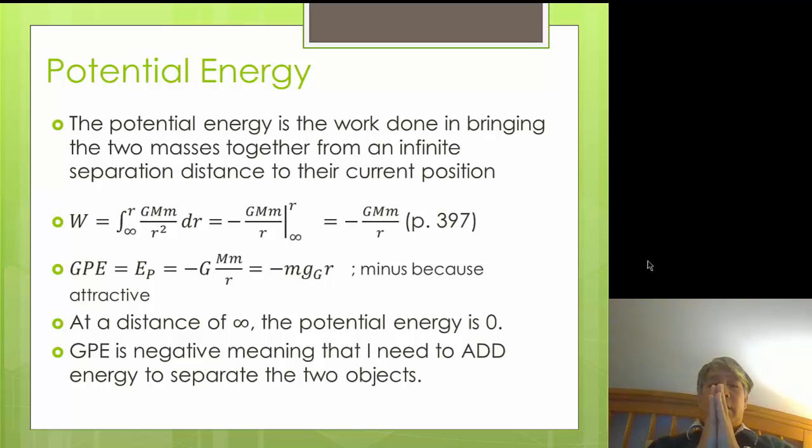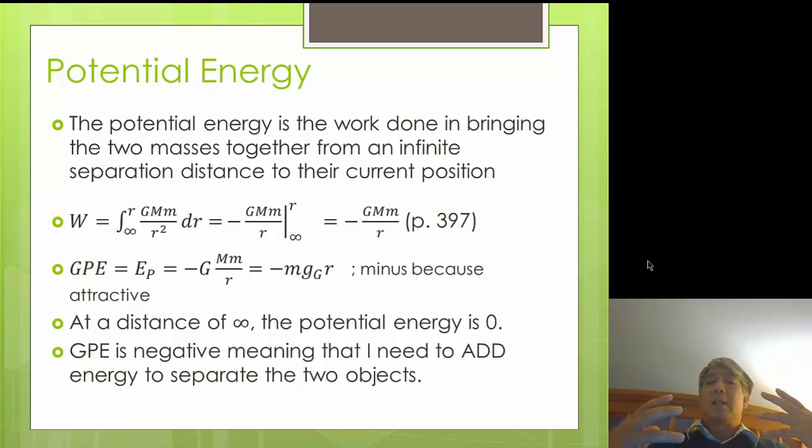Okay, two other things I want you to notice about this formula. At a distance of infinity, when r is infinity, the potential energy is basically zero. Those of you in calculus know the limit as r approaches infinity is zero. That's basically what we're deciding.